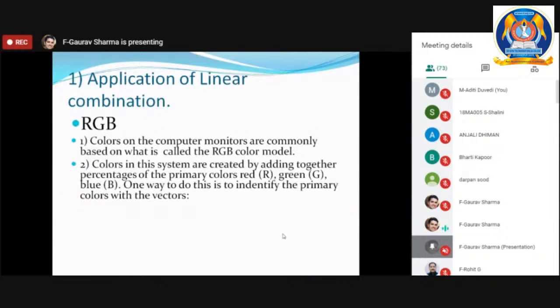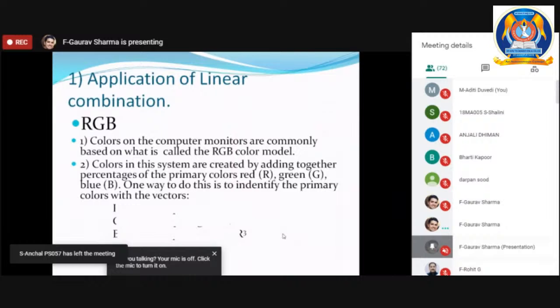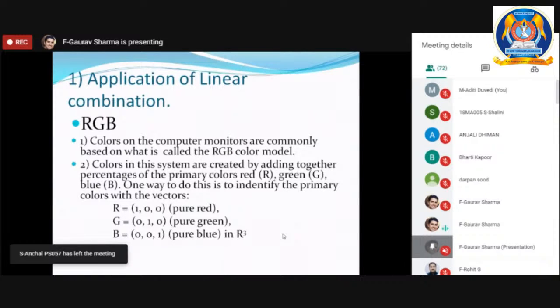Whenever we talk about combination, the immediate thing that comes to our mind is linear combination. So in general, if we want to apply this RGB in a mathematical form, then we take pure red as the coordinate 100, pure green as the coordinate 010, and pure blue as the coordinate 001.